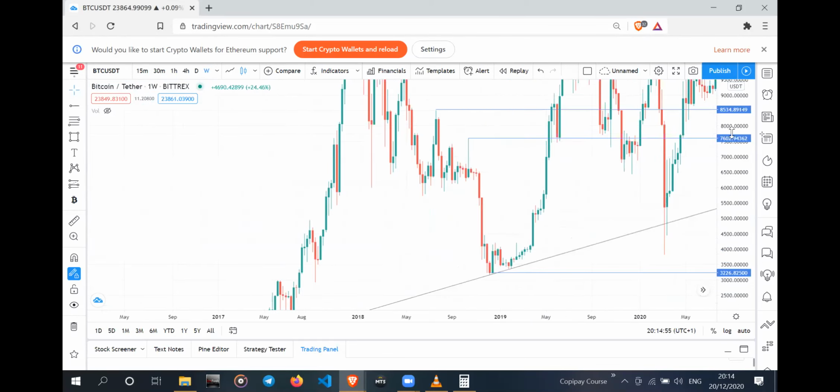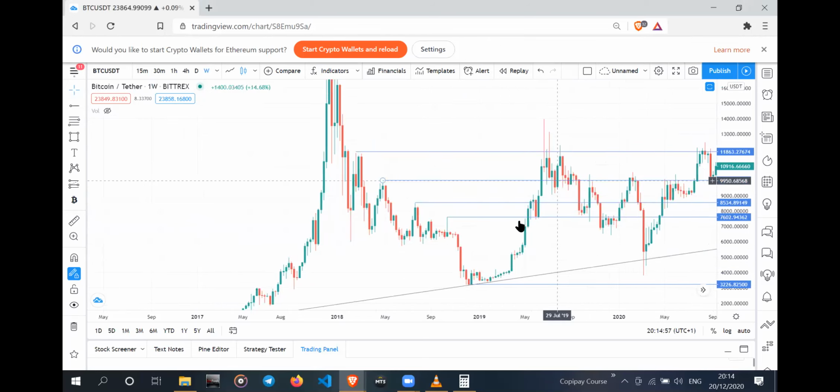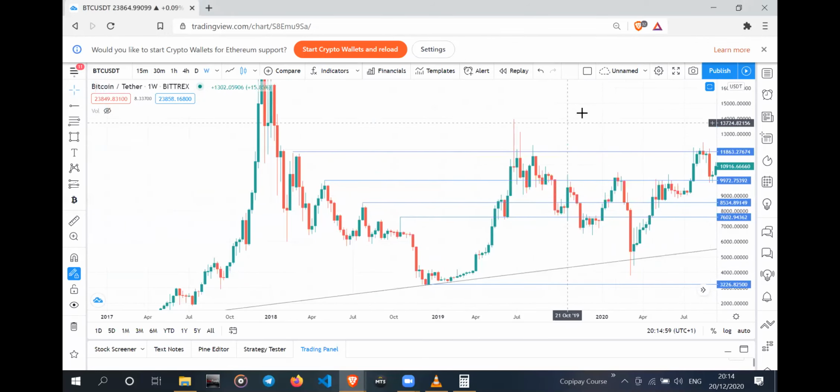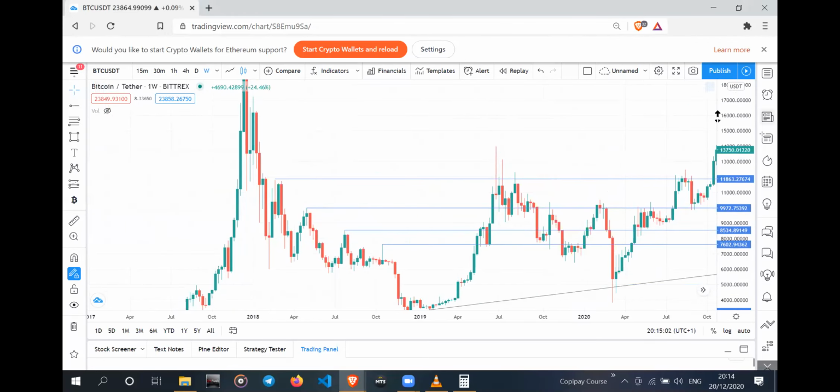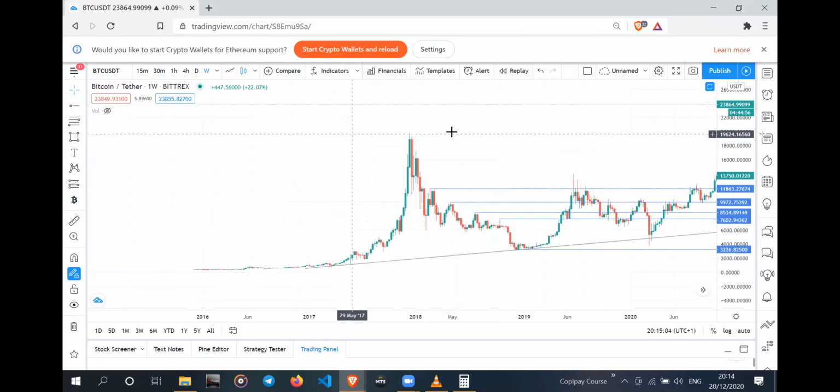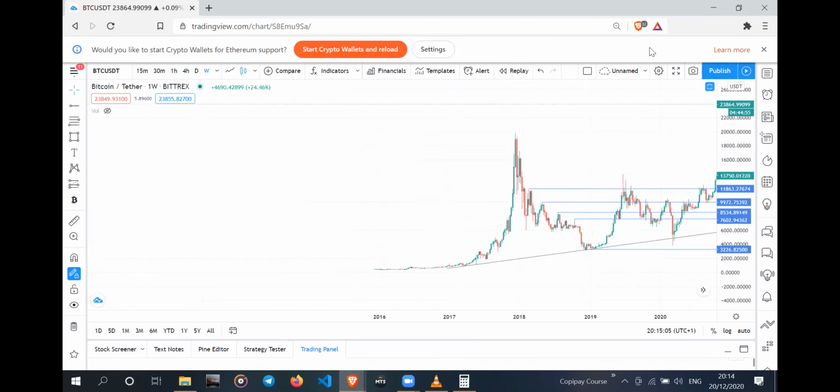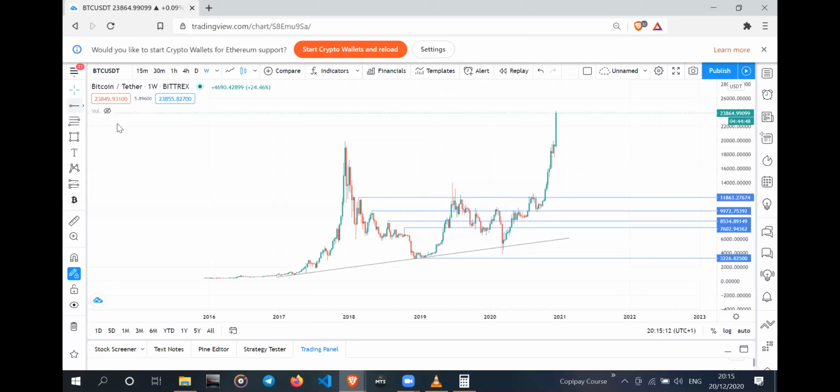Let's look for patterns. Let's look for a double top pattern. Let's look for tops. It's always advisable to do your technical analysis from a higher time frame to a lower time frame. That is called top-down analysis, starting from a higher time frame and going lower to fine-tune entries.